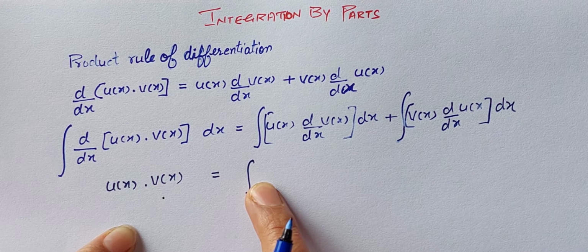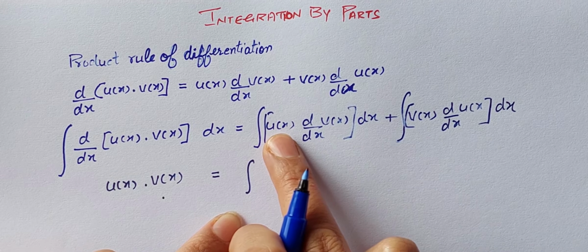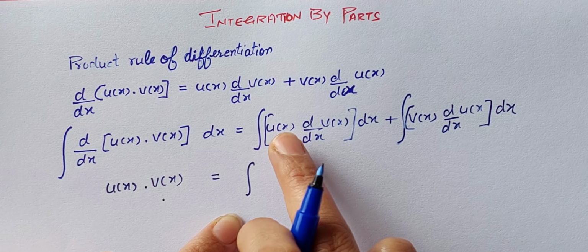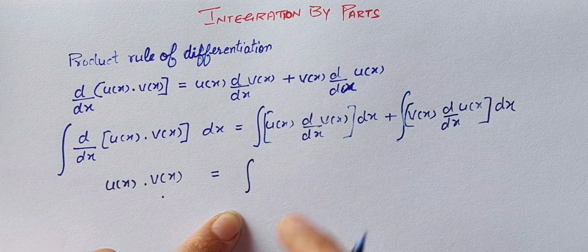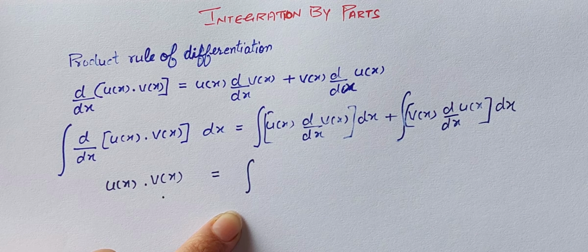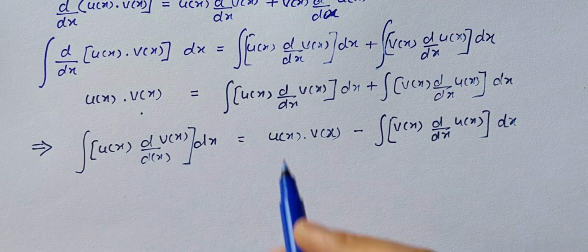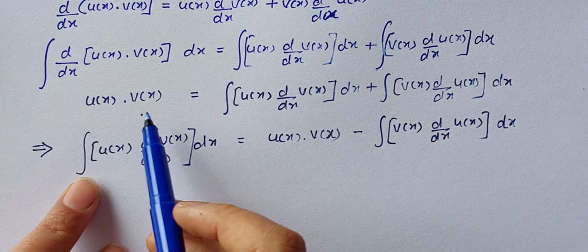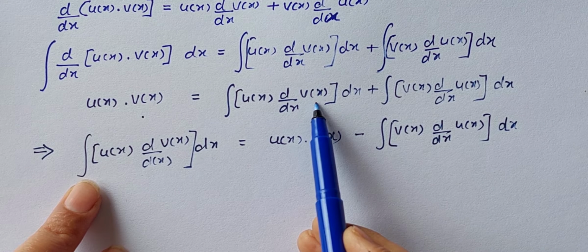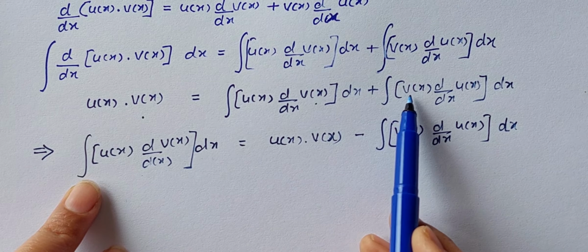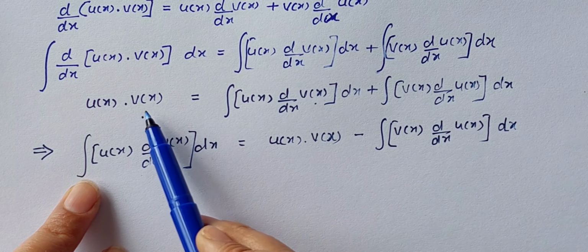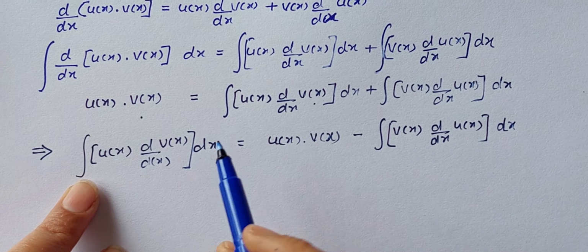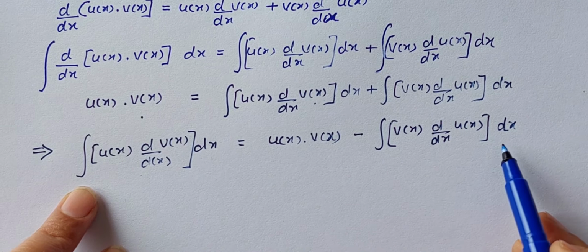We cannot simplify it because again it's finding the integral of a product of these two functions, so we'll write it as it is. I wrote it like this, and here I have written one more step where I just shifted one of them to this side, and one remained on its side, and the formula reduced to this.